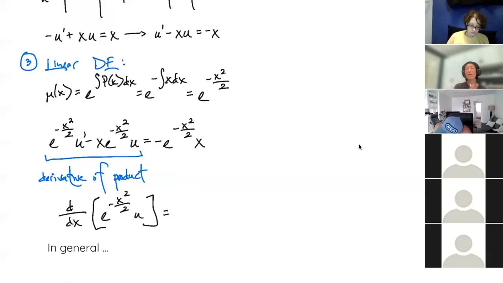All we're doing is rewriting it, expressing it in a way that will make integration easier for ourselves. And on the right-hand side, we have negative x e to the negative x squared over 2, right?